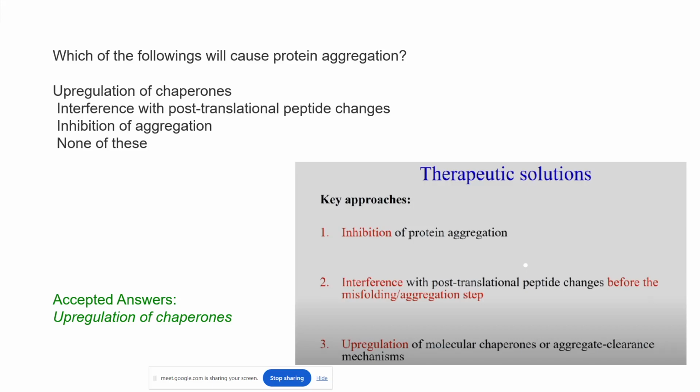Sakshi, what did you answer for this question? I answered none of these, but it seems the key says upregulation of chaperones. But in the video, I wanted to say that you can put in the discussion forum that the answer would be none of these, because even I think it would be none of these, because upregulation of molecular chaperones will basically convert the unfolded into more folded proteins or native proteins, right? As it was taught in this slide.